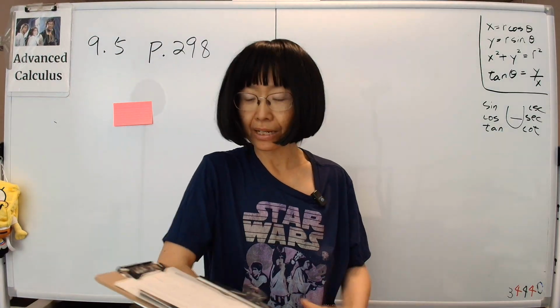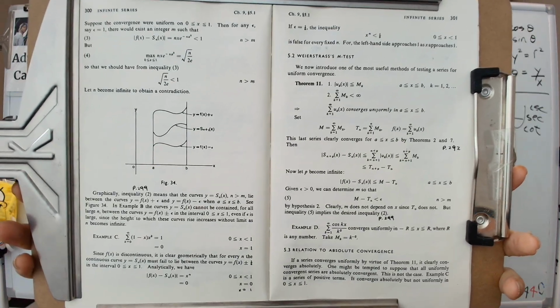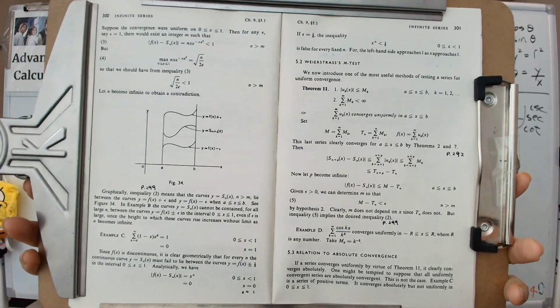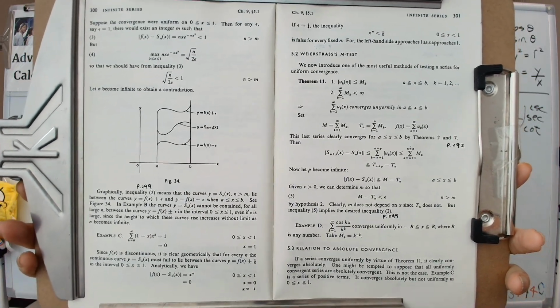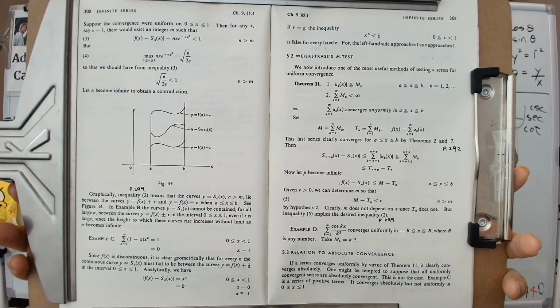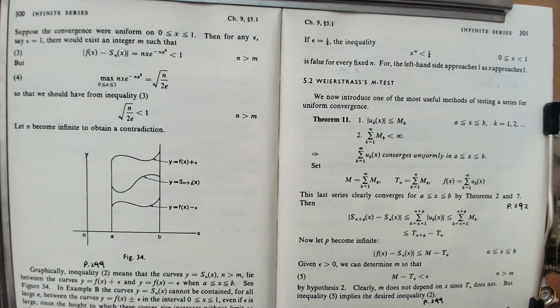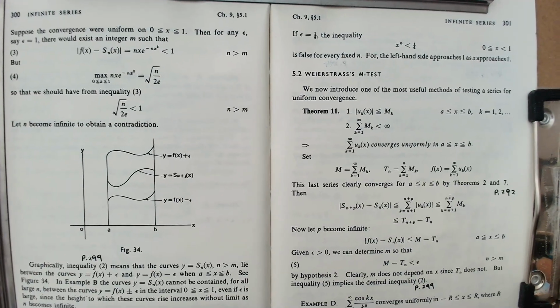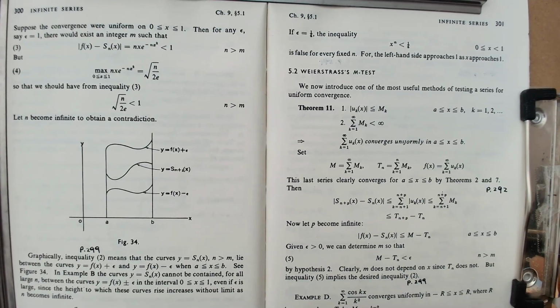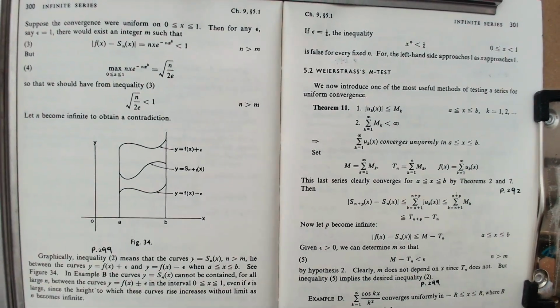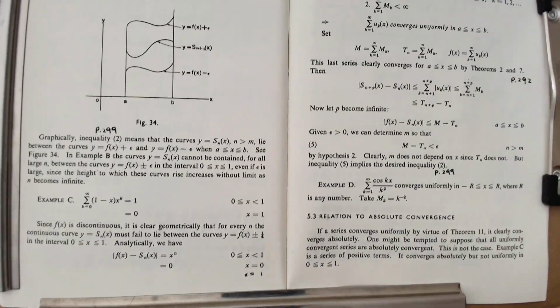Next, pages 300 and 301. Here's the entire page, and then a bit closer on the top, and closer on the bottom.